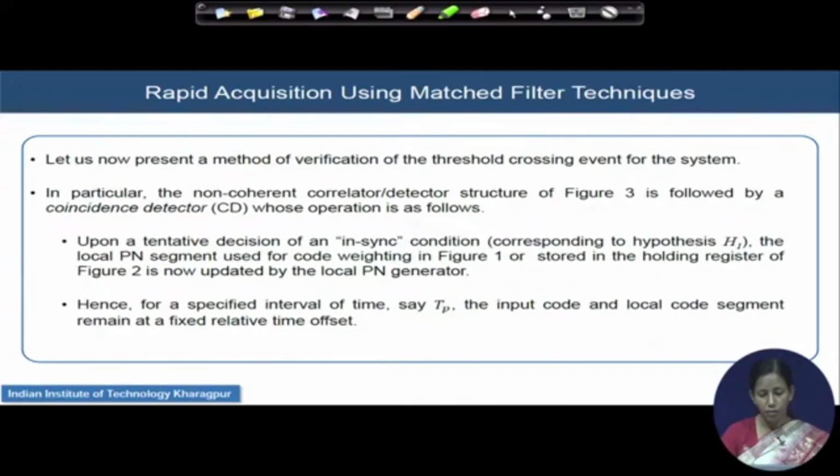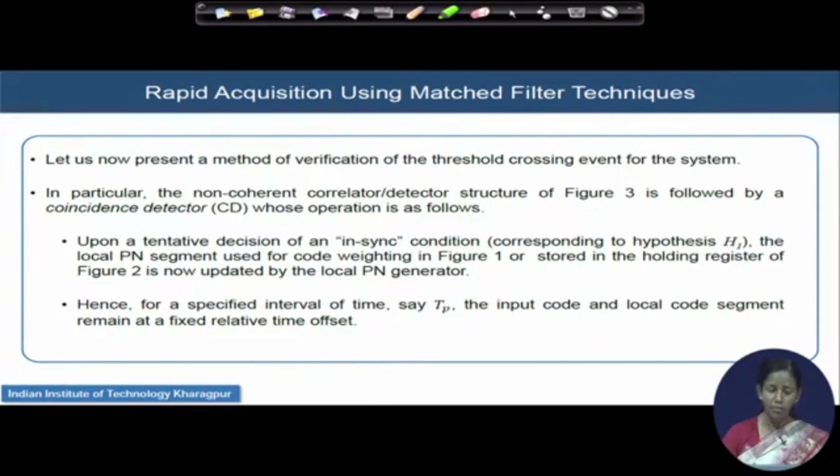Inside that structure, the correlated detector architecture is followed by another detector called a coincidence detector. The task of this coincidence detector is to declare whether you are in the in-sync condition or not.